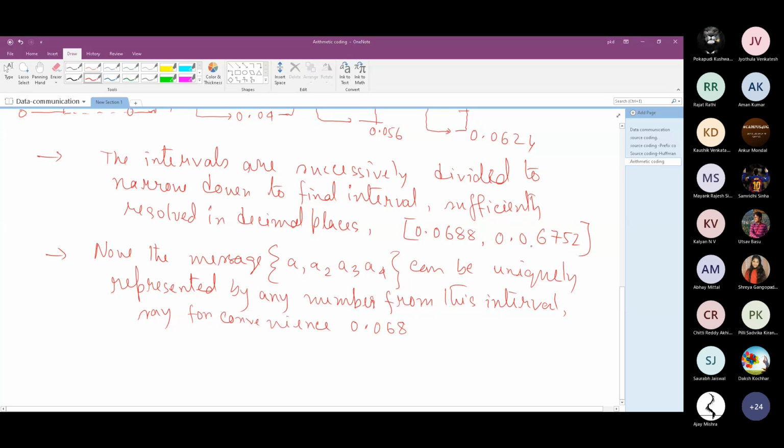Had it been like 0.0600, we could make a number like 0.060 because it is in that interval, but that would not have been sufficient to represent the 4 messages. So that is one choice that needs to be made while choosing the unique number from that interval.